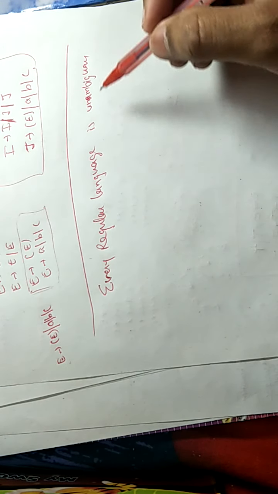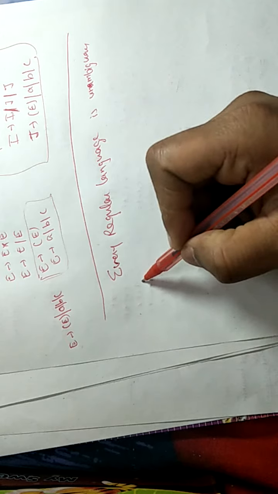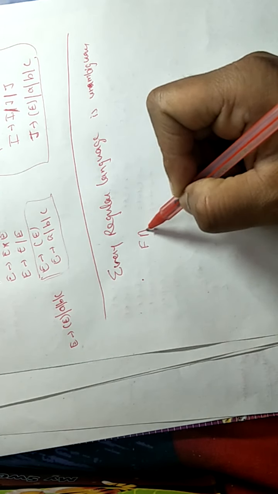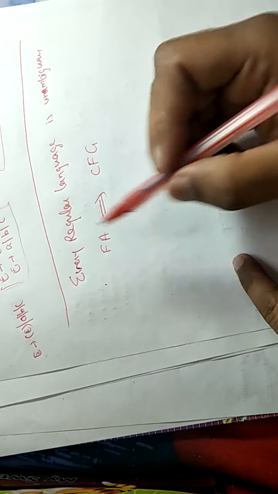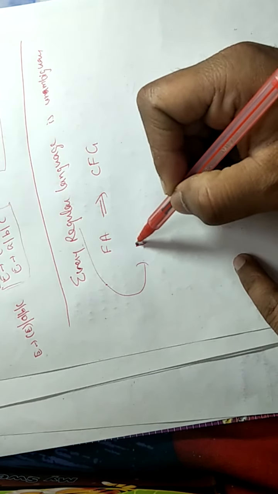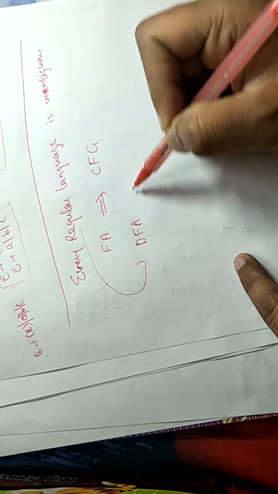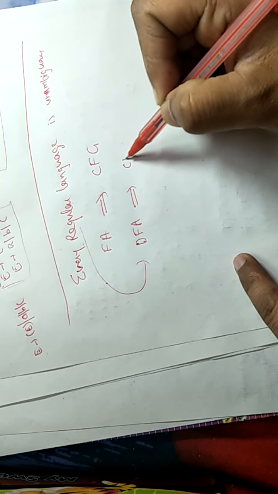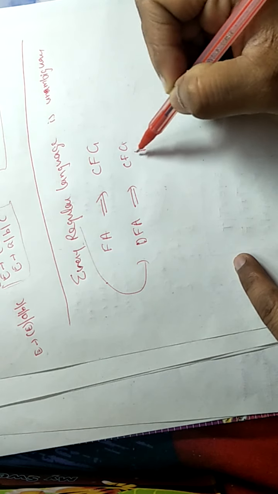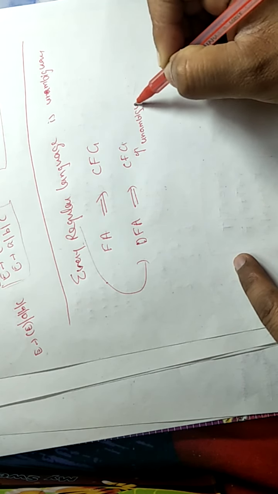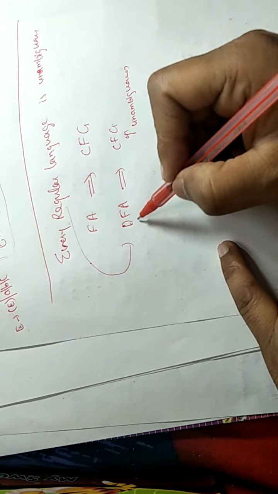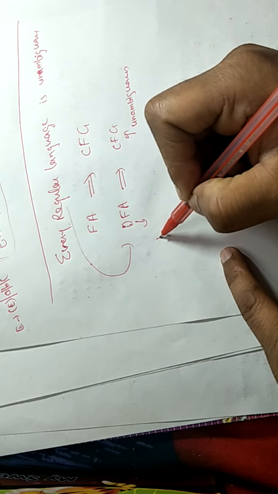And I am saying it because in a further lecture you will learn that every FA can be converted into an equivalent context free grammar, and we know that for every regular language we have a DFA, and for every DFA we will get a CFG, and that CFG will be unambiguous because in a DFA there are no ambiguous rules.